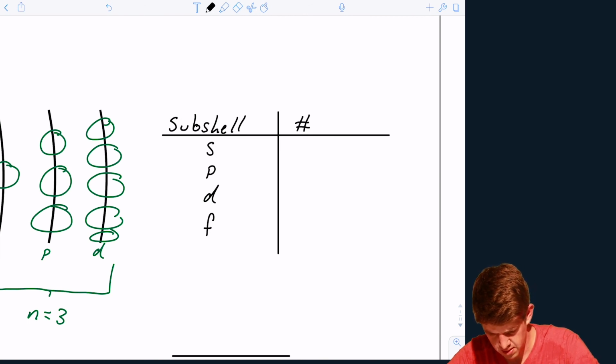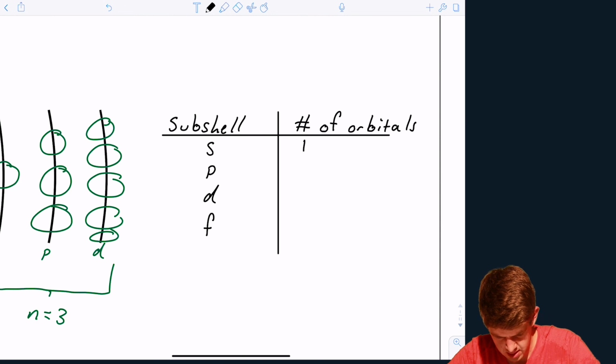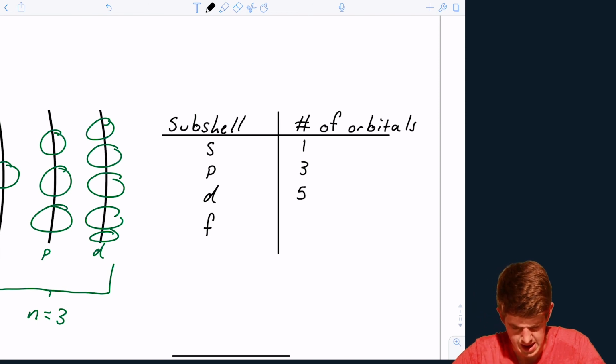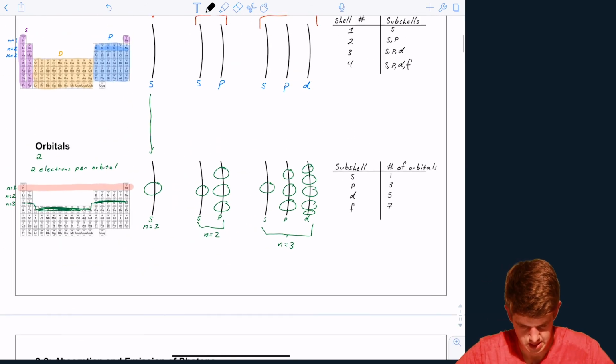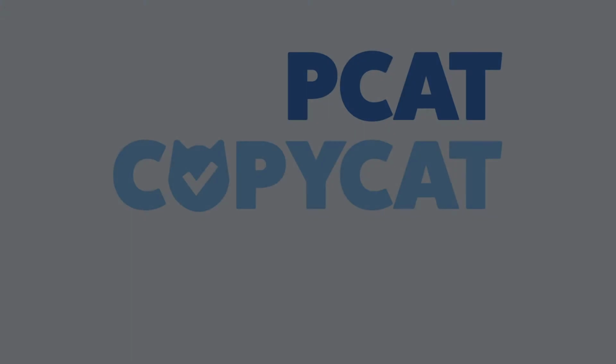The number of orbitals will be 1, 3, 5, and then if you look at the F block, there are 14 elements. 14 divided by 2 is 7. So that's the introductory lesson to electron configuration.